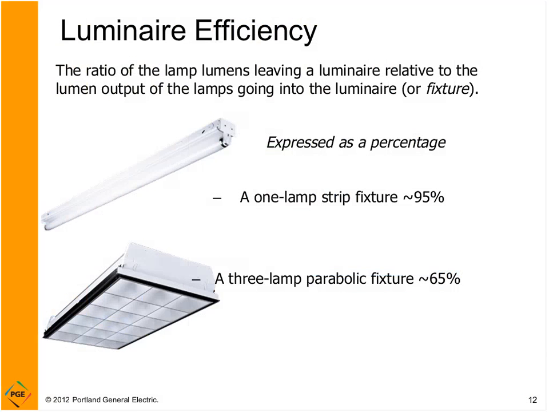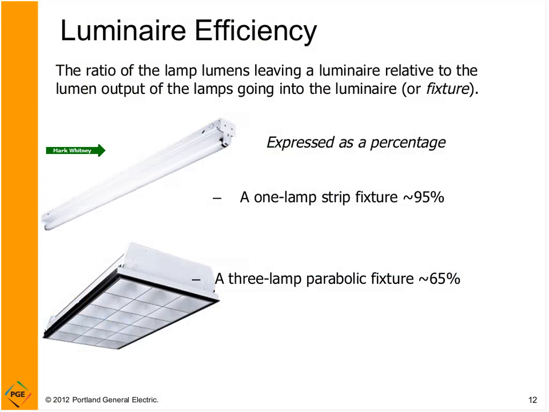So efficiency in a luminaire is expressed as a percentage. So picking the right one is going to be a very, very important thing. However, the most efficient may not necessarily be the best. So here we have a one lamp strip fixture, 95% efficient, but as you can see, the light goes everywhere, and that may not be what you want.